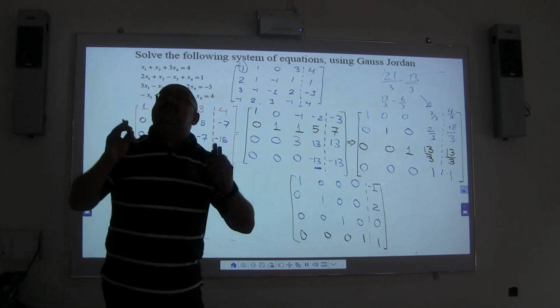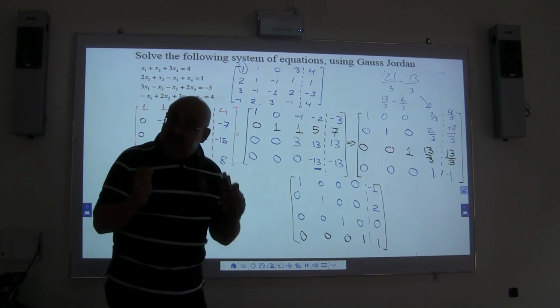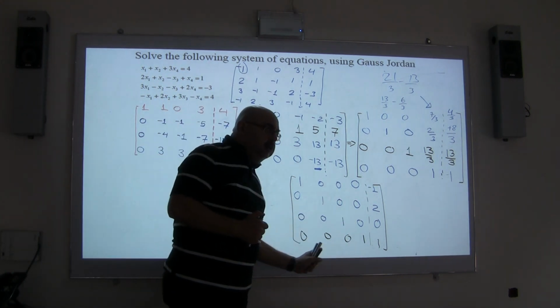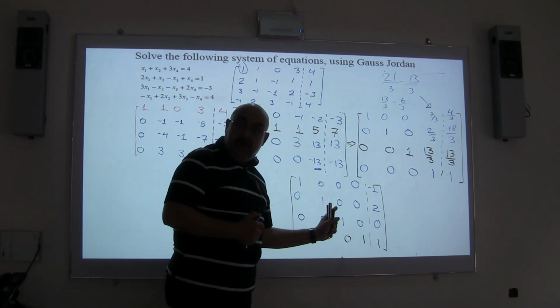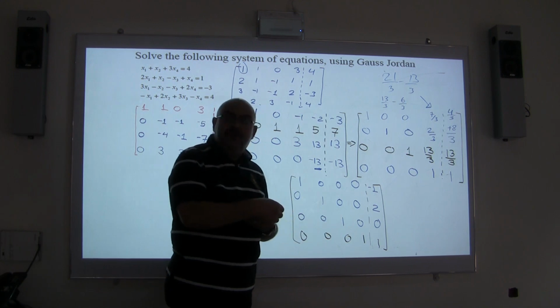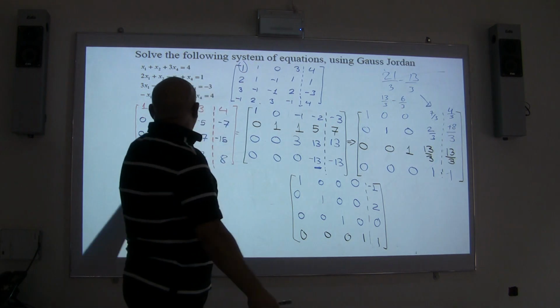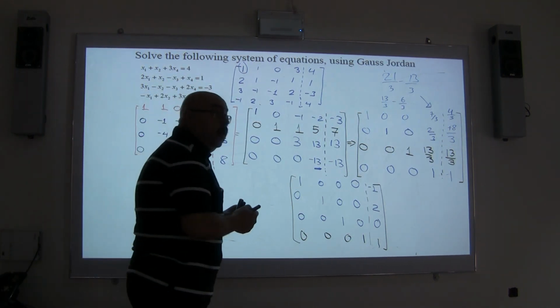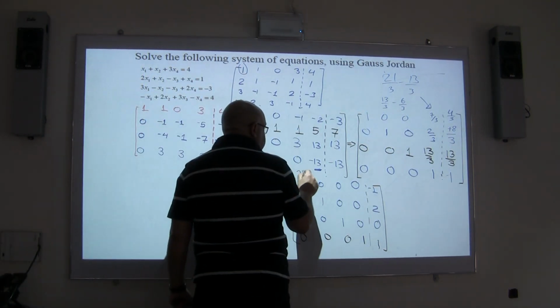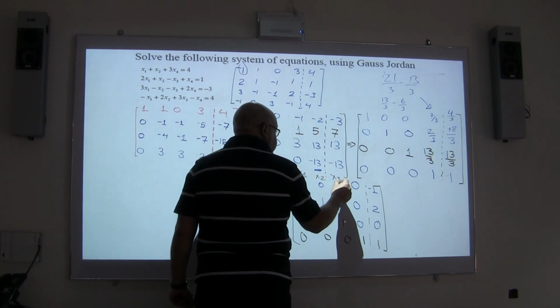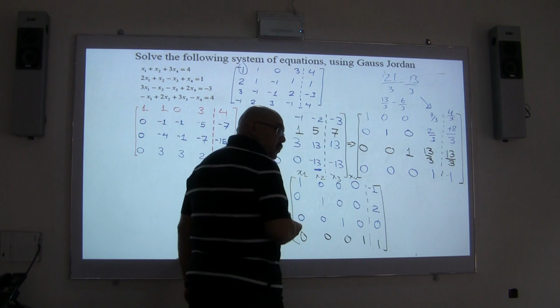Now we succeeded in getting a unit matrix of this dimension, which is 4 by 4. If I expand it once more to the original form of these equations, we all know that this is the column of x1, this is the column of x2, then x3, and the last one is for x4.